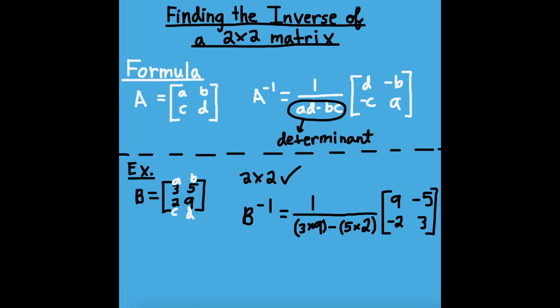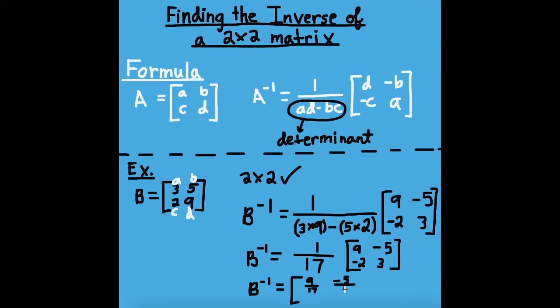We then get 1 over 27 minus 10, which equals 1 over 17 times the matrix 9, negative 5, negative 2, 3. Now, we multiply the scalar 1 over 17 by each entry in the matrix. We then get the matrix 9 over 17, negative 5 over 17, negative 2 over 17, and 3 over 17, which is our answer. This is the inverse of matrix B.